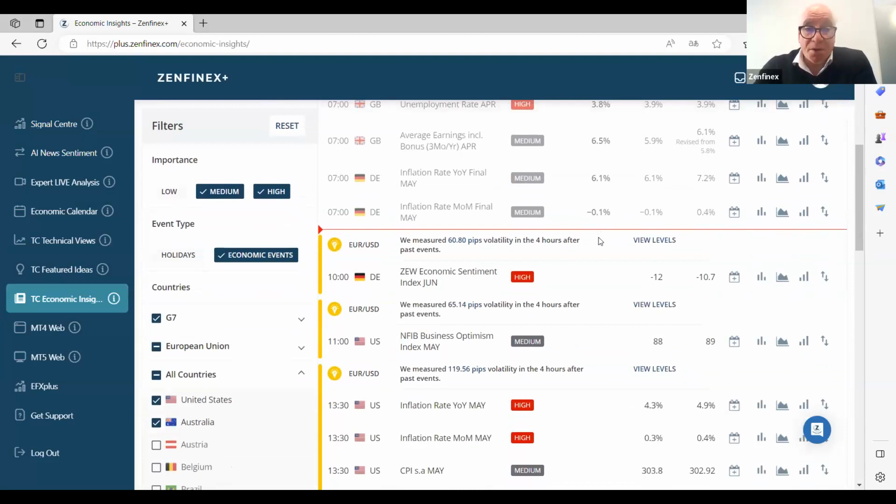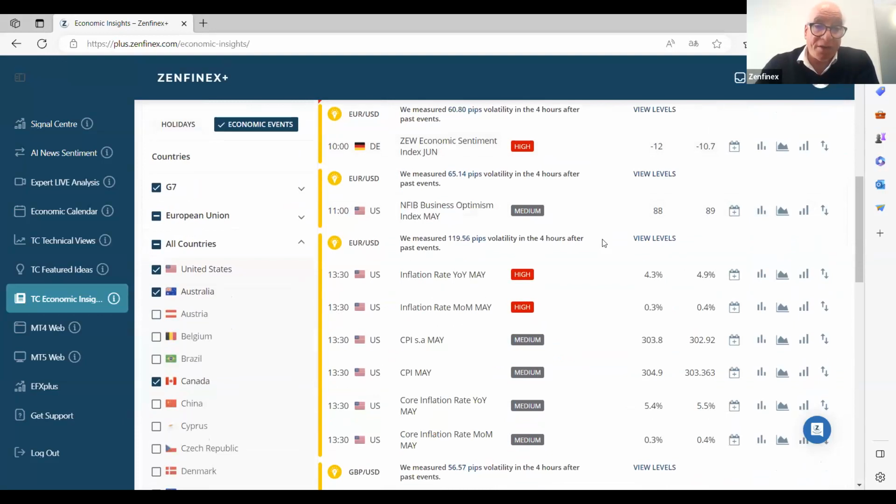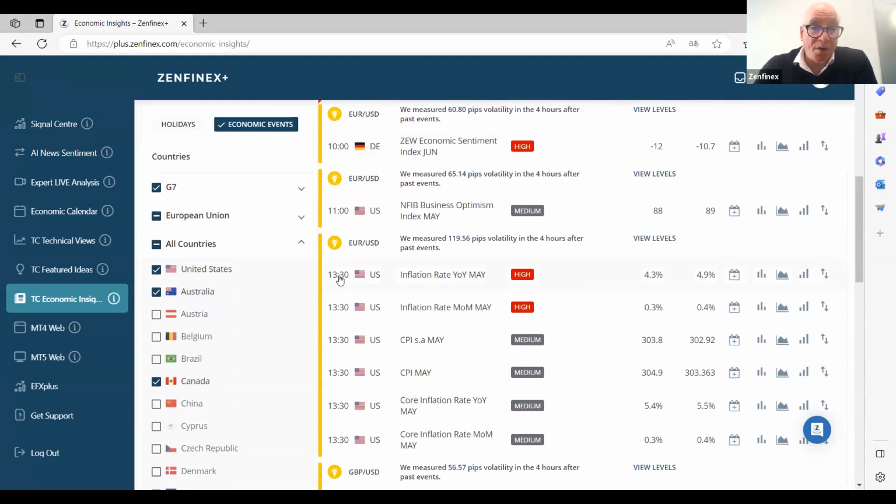What is probably going to move the market even more relating to the dollar, British pound against US dollar, is going to be the inflation rate. So that is coming out at 1:30 London time, and it's forecasted to come down. Month on month, slight dip on the year on year.